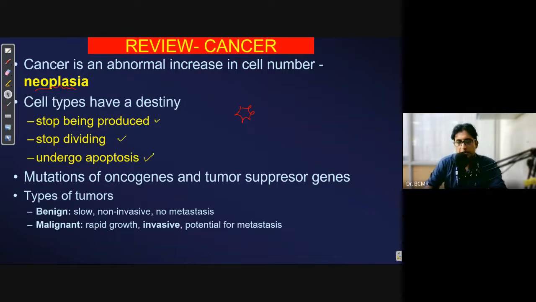But mutations may happen which will allow further production, mutations in oncogenes and or mutations in tumor suppressor genes.